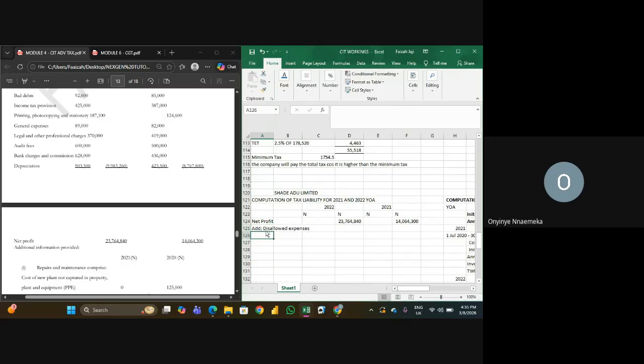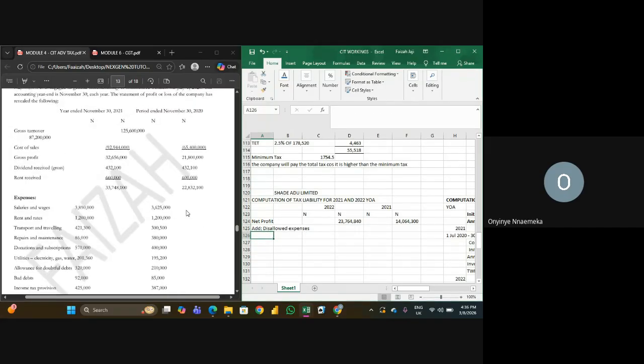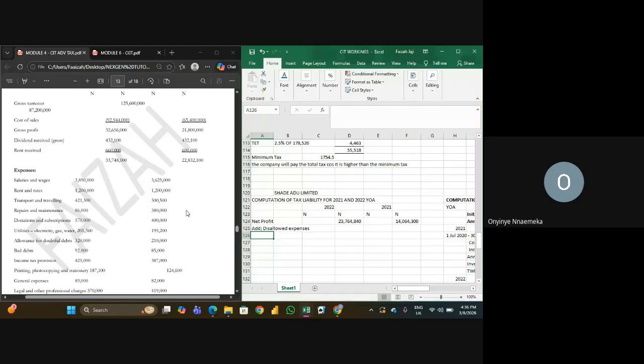So now to check out allowed expenses, let's go from the account itself. Salaries and wages, rent, transport, repairs, donation, utility, allowance for doubtful debt, bad debt, income tax provision. Guys, is it allowed or disallowed?